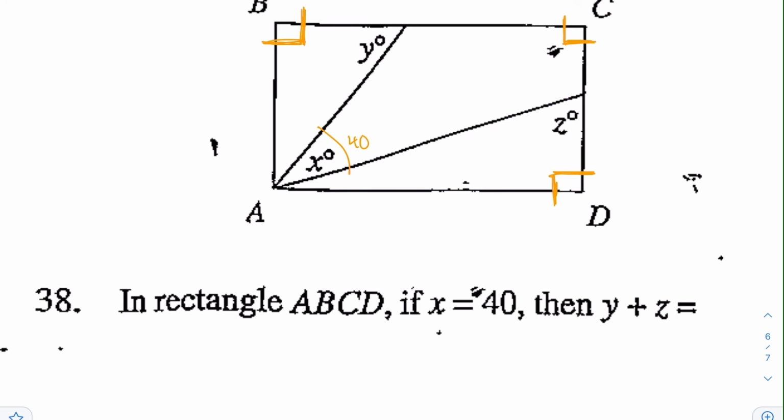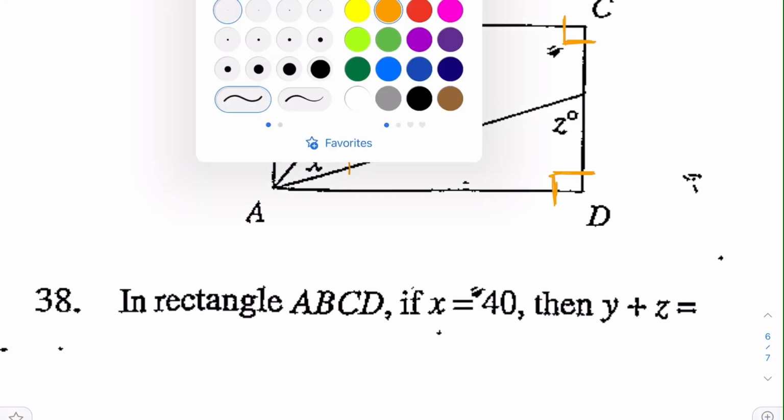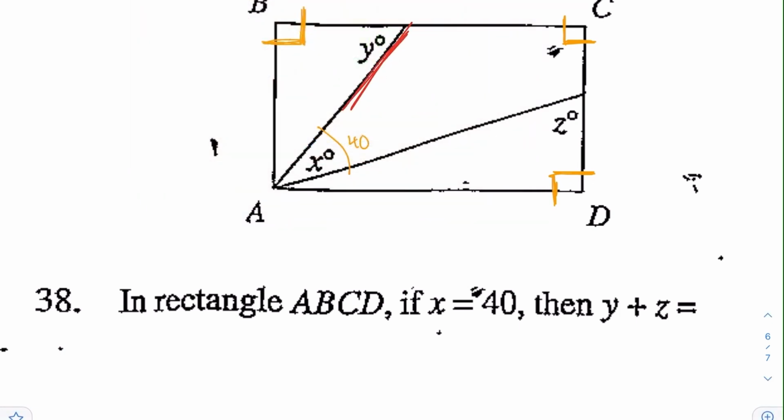So to get the value of y, you can split this up using smaller triangles, or rather you can use this quadrilateral.